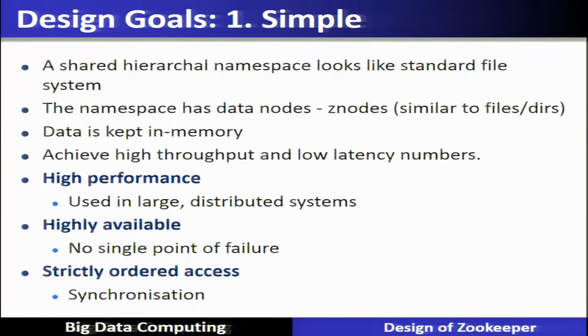The data is kept in memory to achieve high throughput and low latency numbers. High performance is one of the important features of providing a simple service that is used in large distributed systems, and it is also highly available. That is, it does not suffer from a single point of failure, and it also strictly orders the access, that is, by providing the synchronization.